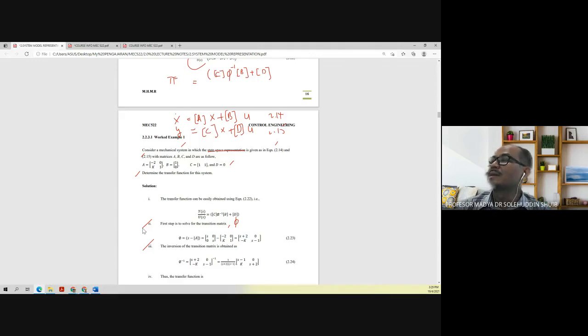Next one is we need to find the inverse of the transition matrix, which is 1 over the determinant times this matrix.